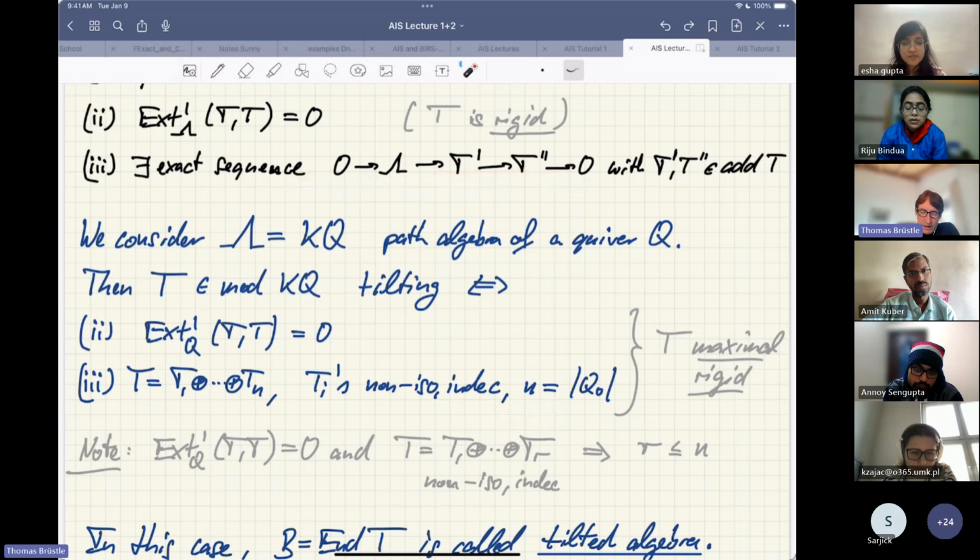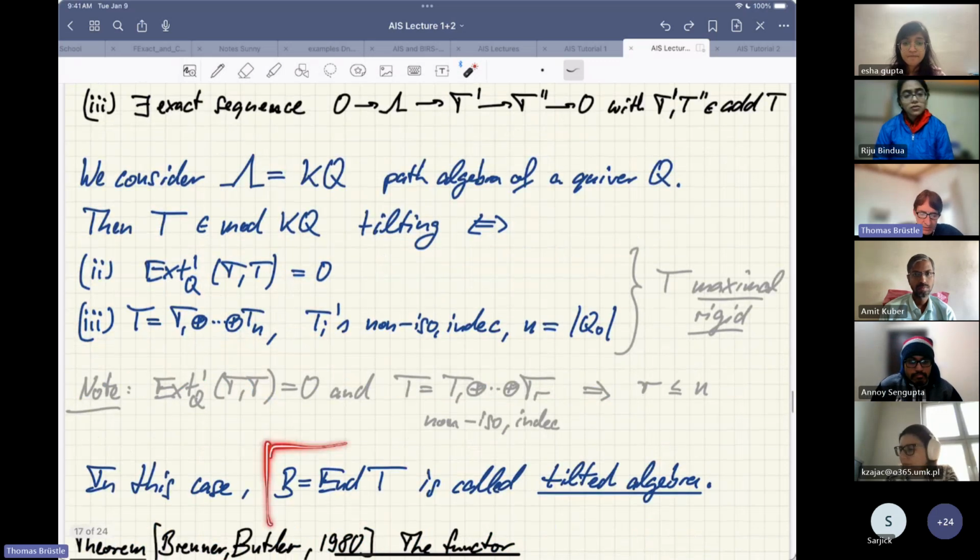So tilting, you can say, is a maximal rigid module. It's a module that is rigid, has no self-extensions, and it has the maximum number of summands. This is a tilting module. That's okay? Good. And in that case, the endomorphism ring of this algebra is called a tilted algebra.